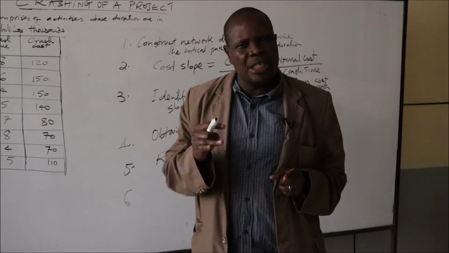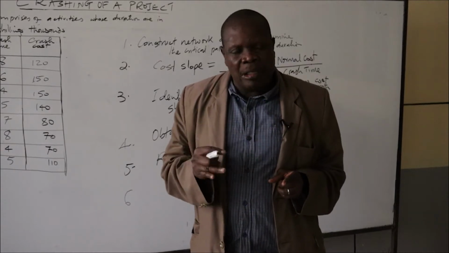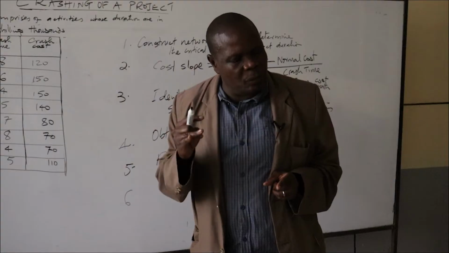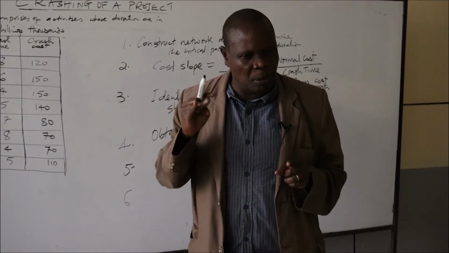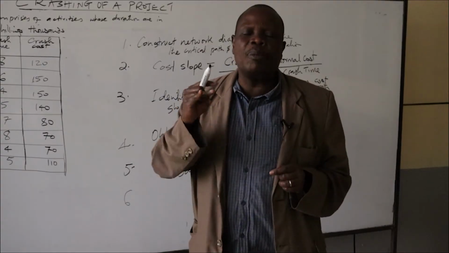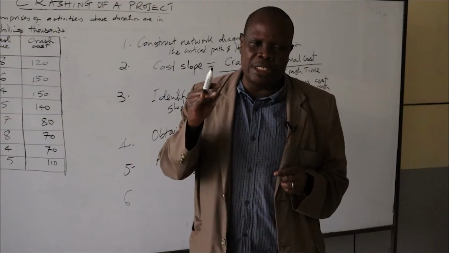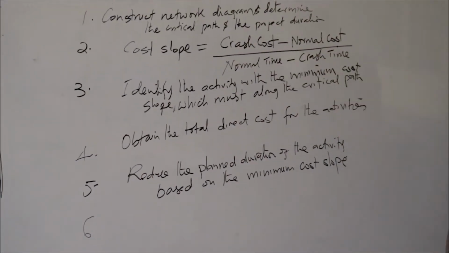When the total duration of the project is not changing, then another critical path or more than one critical path will be developed, and therefore you stop crashing that project, and that project shall have been crashed to the minimum duration.